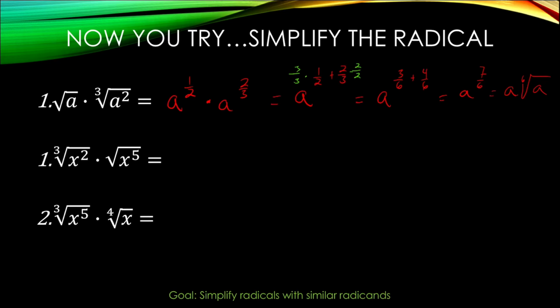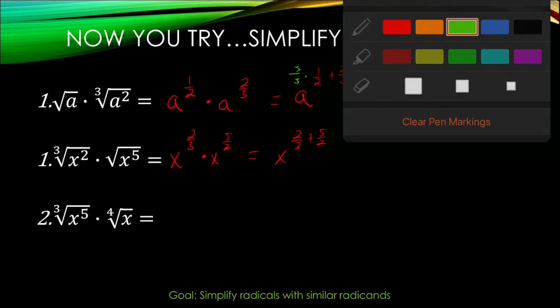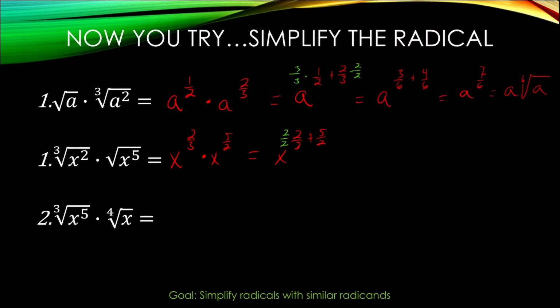This next one, I get x to the 2/3 times x to the 5/2. That equals x to the 2/3 plus 5/2. I can multiply by 2/2 there, and 3/3 there.